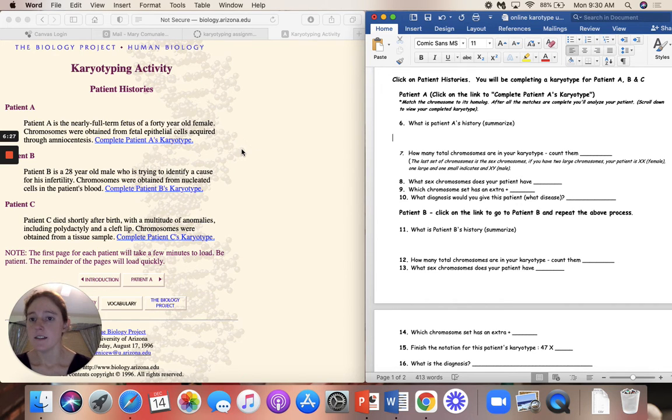Patient A is the nearly full-term fetus of a 40-year-old female. Chromosomes were obtained from the fetal epithelial cells acquired through amniocentesis. So the history for patient A, it's a full-term fetus. That's what they call a baby before it's born.